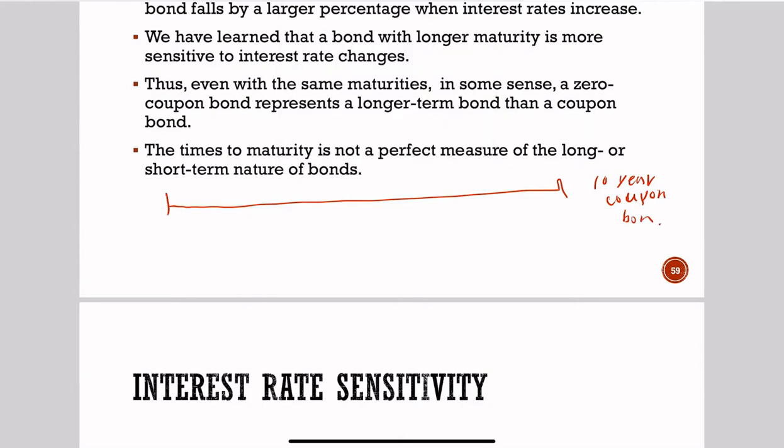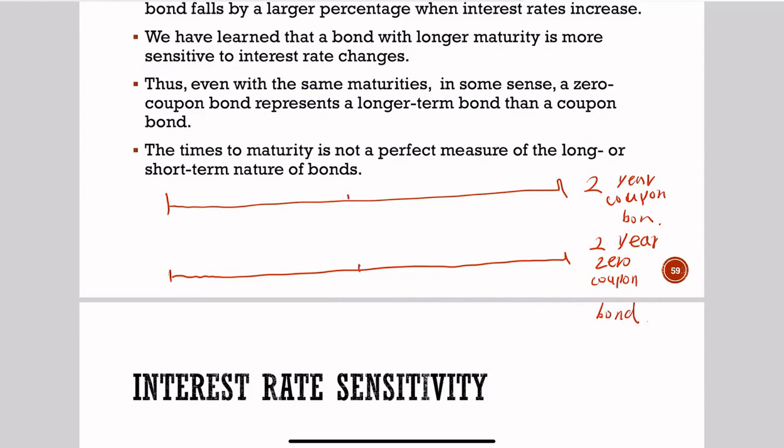Let me use a 2-year coupon bond as a simpler example. And this is a 2-year zero coupon bond. So let's say this is year 2.